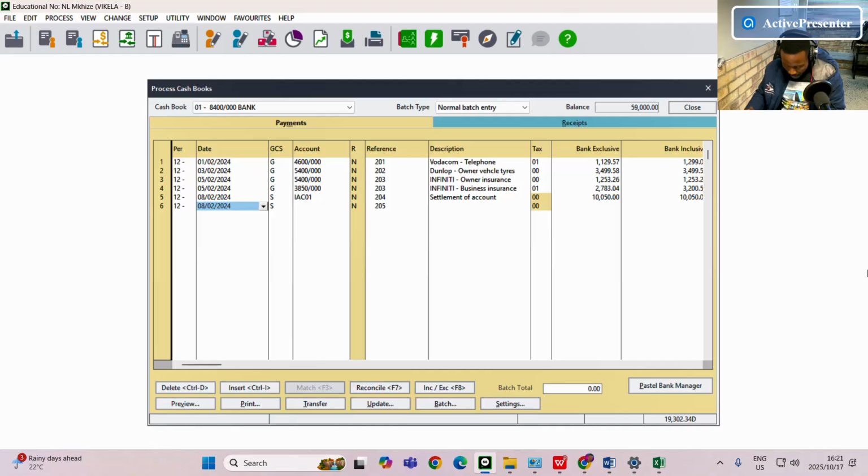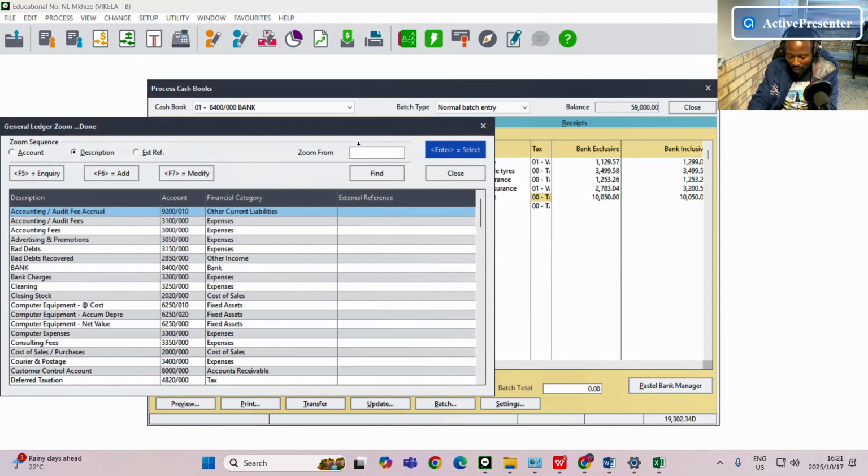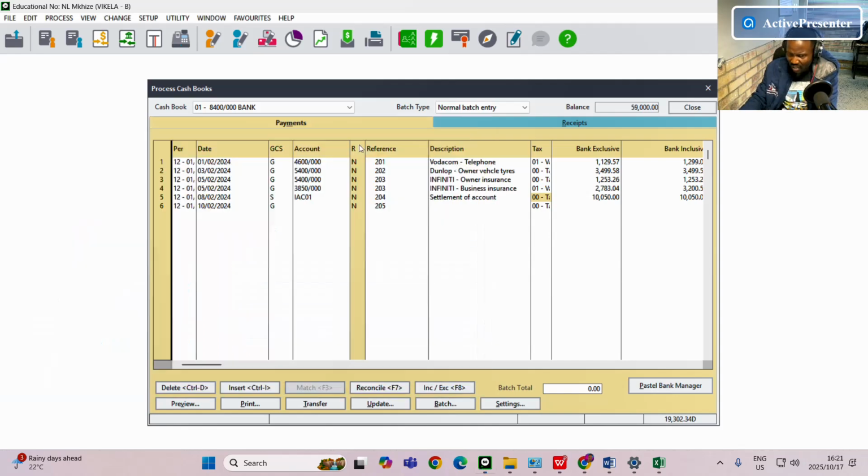Next thing, it's digital vibes, printing and stationery. So they were specific on the 10th. It's G, general ledger items. So the G stands for general ledger items, the S is for suppliers, and the C is for customers. Right, it's printing and stationery. It is 205, yes.